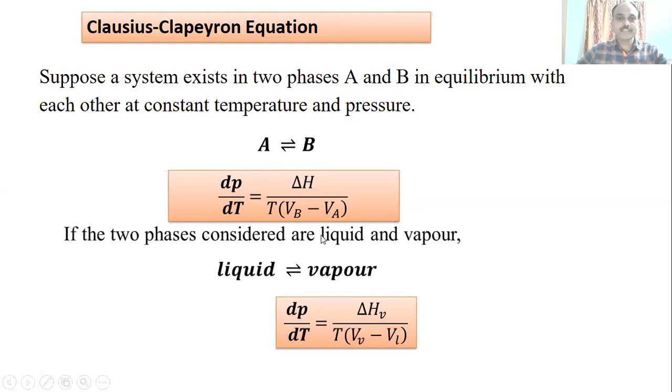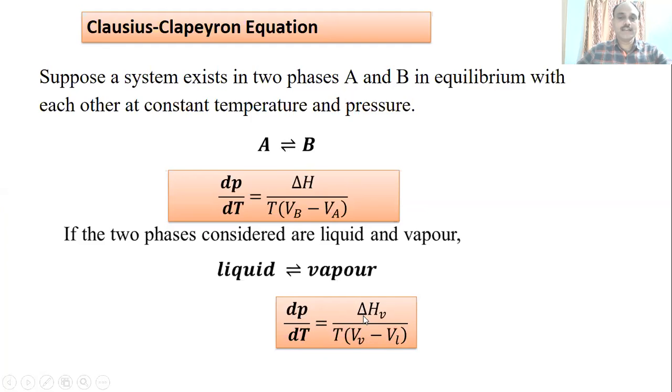If the two phases considered are liquid and vapor, suppose A is a liquid and B is a vapor, this equation can be written as dP by dT equal to delta HV by T into (VV minus VL).